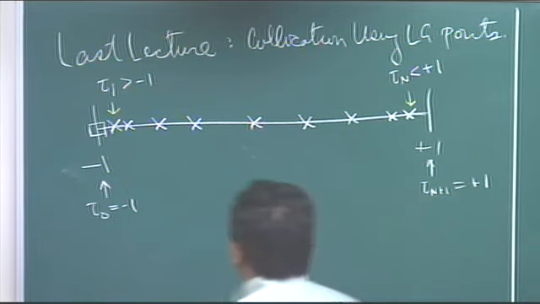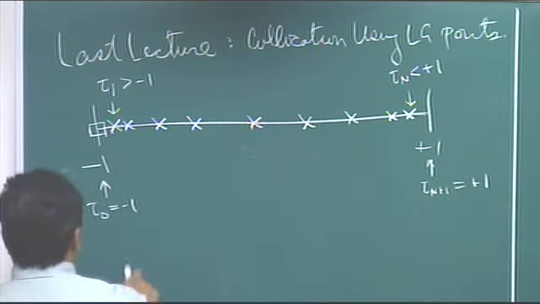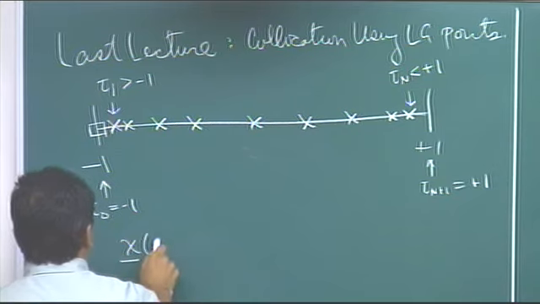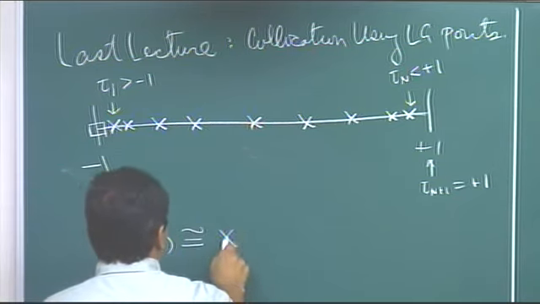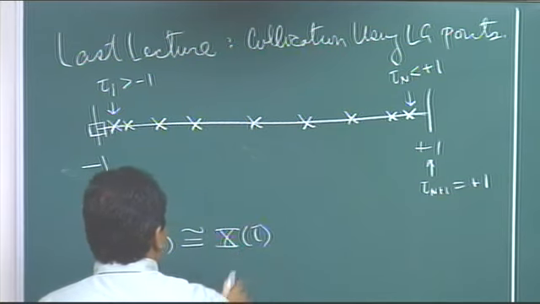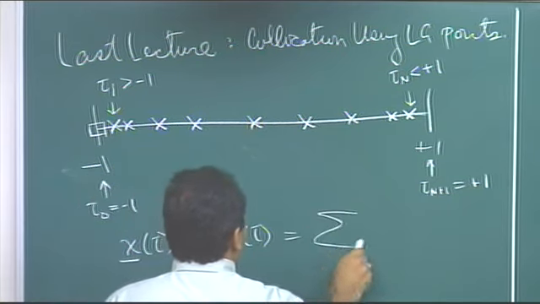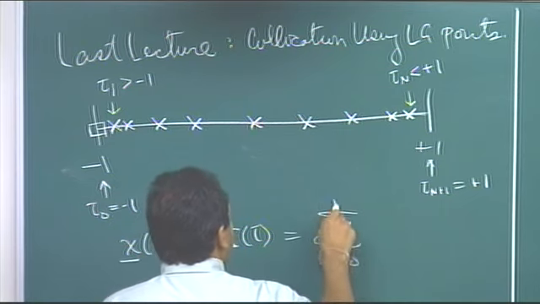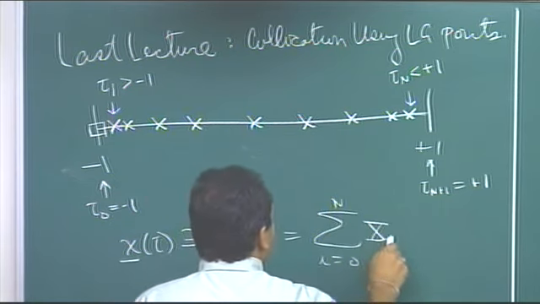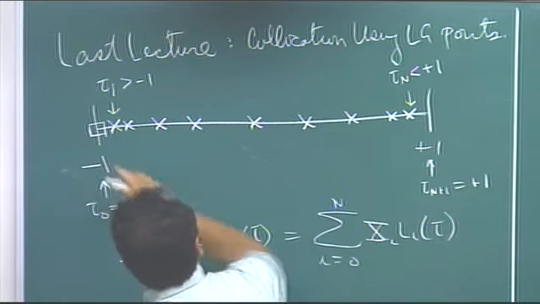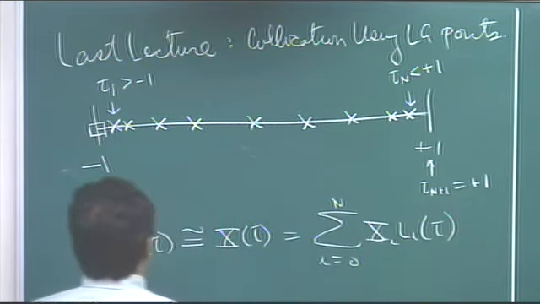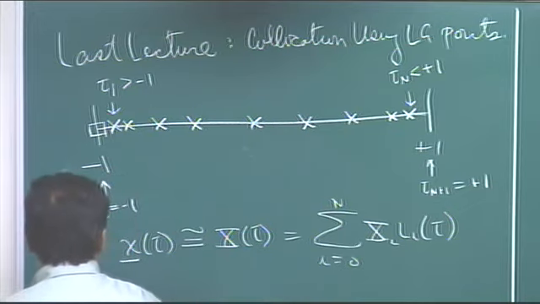And the way we wound up constructing the method was that x of tau, which is the state on -1 to 1, was approximated by this function capital X of tau, which was equal to the sum from i equals 0 up to n of xi li of tau, where we included the initial point in the state approximation.